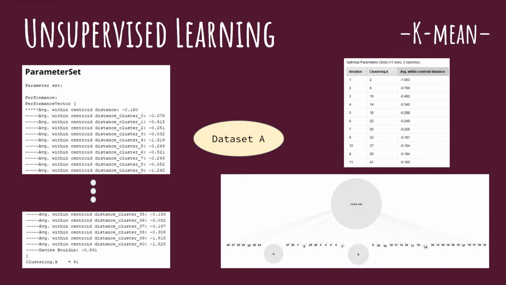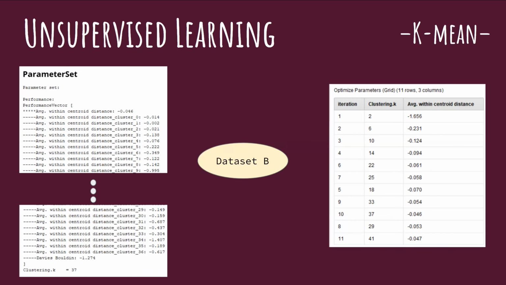We actually have 21 classes for data set A. For data set B, k equals 37, and we actually only have three classes for data set B. The reason for the inaccuracy of both data sets in the clustering method is because the sample is too large, and the clustering method tries to maximize the distances between clusters, and since the data is too large and the classes are not very clear, that's why it gets errors in class to cluster.